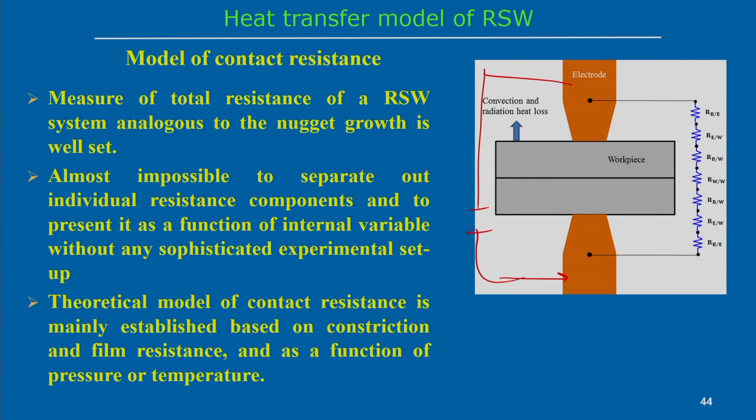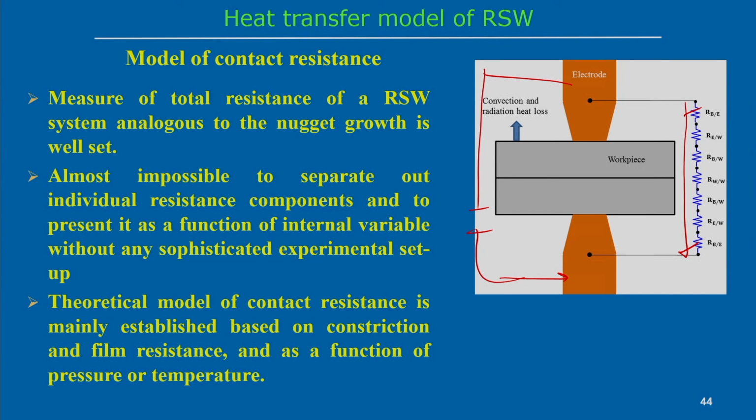It means that when we measure the resistance between these two electrode points, we are measuring the total resistance, all the resistance components from here to here together. It is very difficult to separate out the individual resistance components. That can also be done, but we need a very sophisticated experimental setup to measure the resistance components individually, which may not be applicable in actual industrial practice.